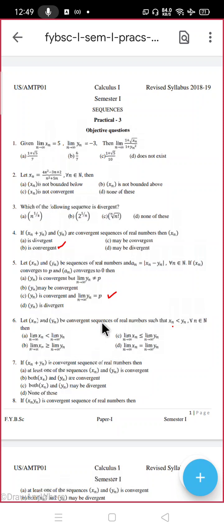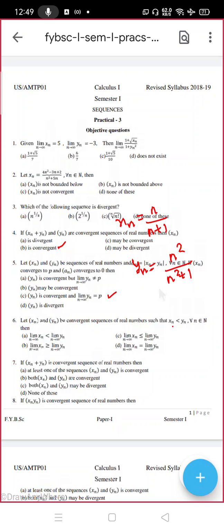Whenever you are having this type of question, it is better to go with an example. Suppose I am taking xn is equal to n upon n plus 1 and yn is n square upon n square plus 1.